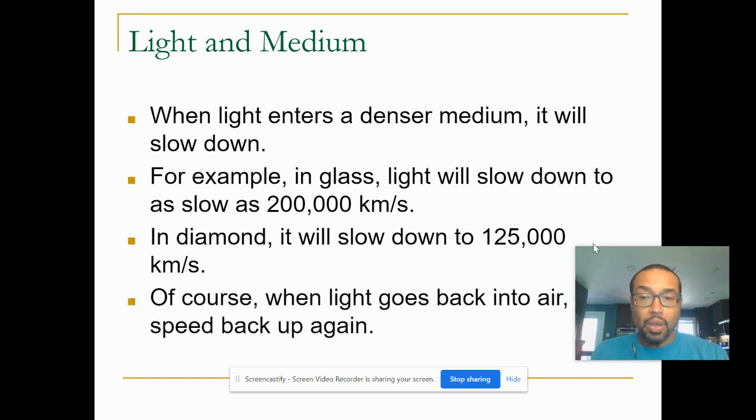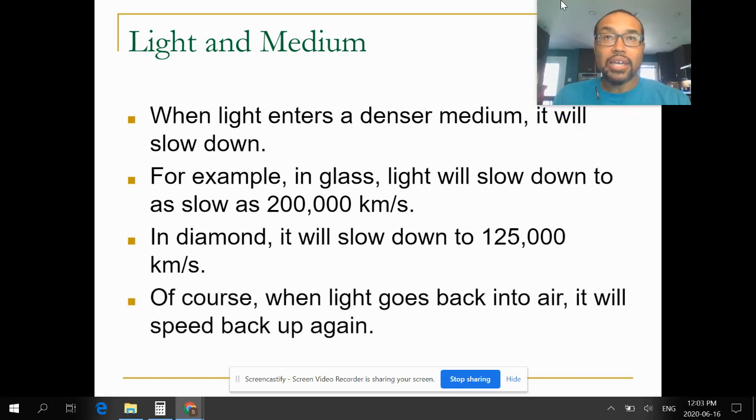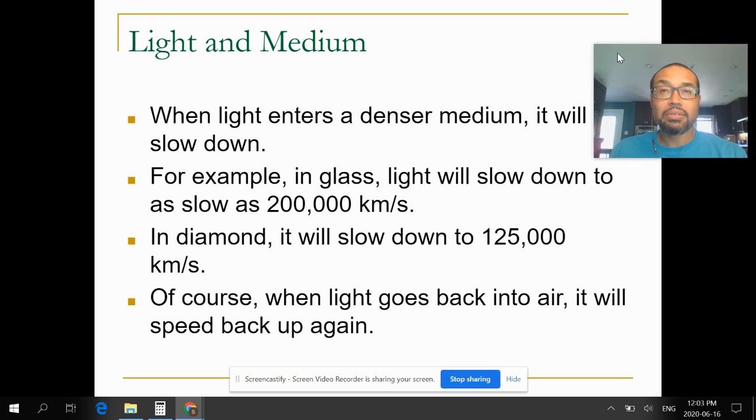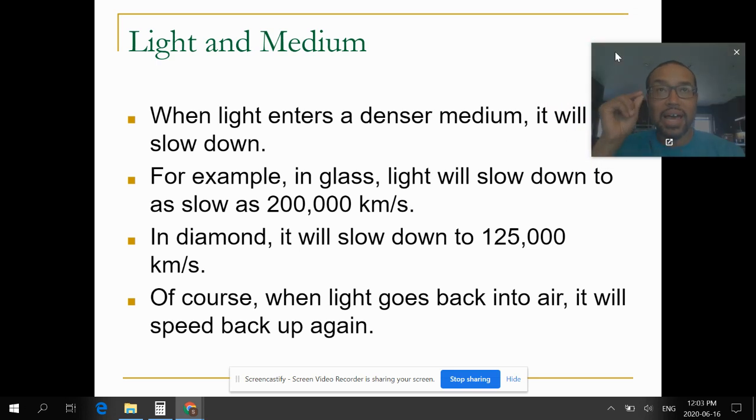All right. Now, when light leaves this denser medium, like my lenses and my glasses, and then comes back to that space of air before it hits my eye, all of a sudden it speeds back up. And that would be impossible if that light truly actually slowed down because there's nothing propelling it. That would violate one of Newton's fundamental laws. You can't just pick up speed unless there's a force pushing you.